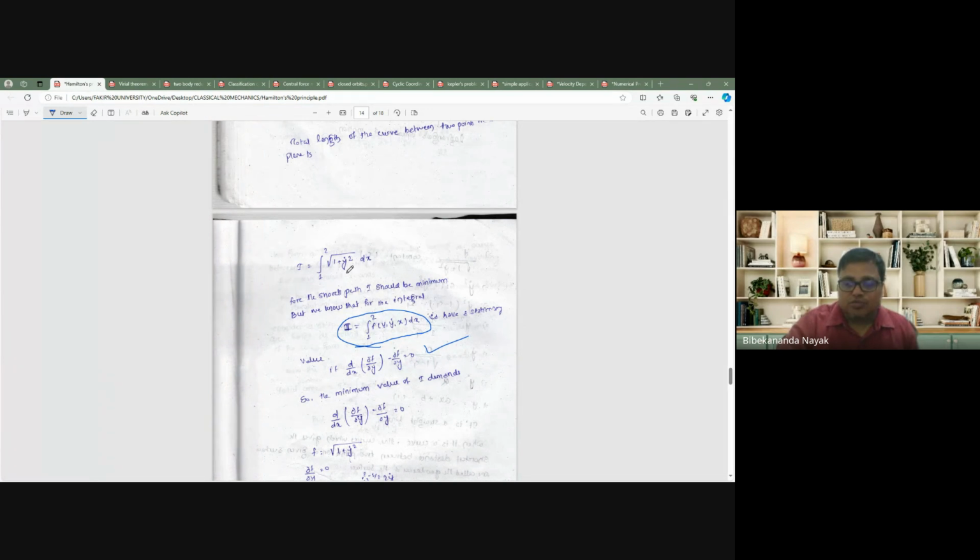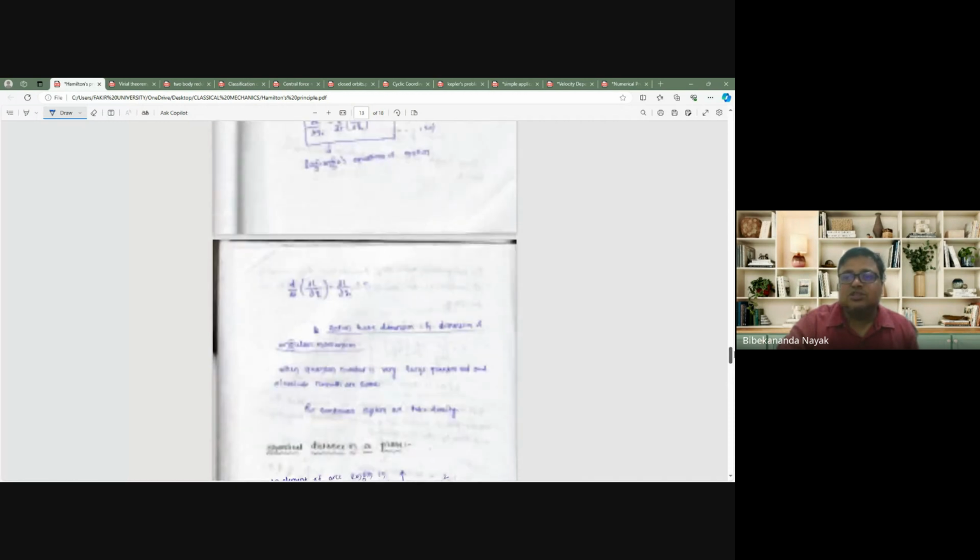Here f is the square root of 1 plus y dot squared. So for any integral to be minimum, d by dx of del f by del y dot minus del f by del y should be 0.